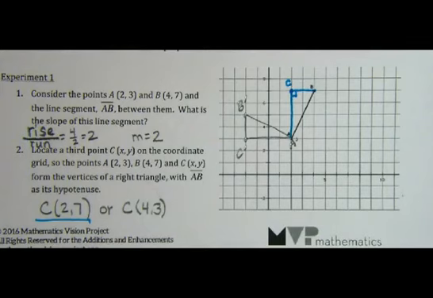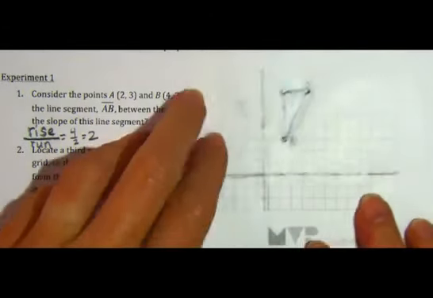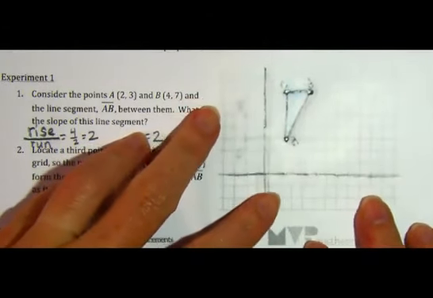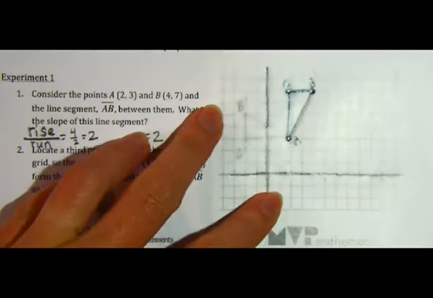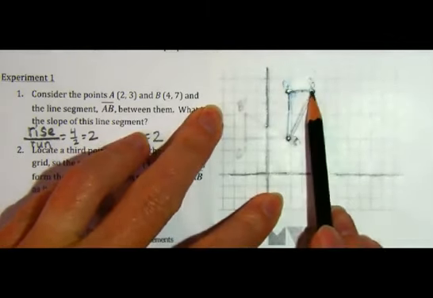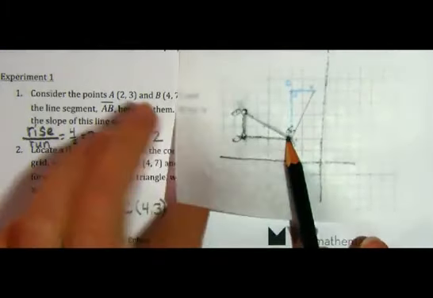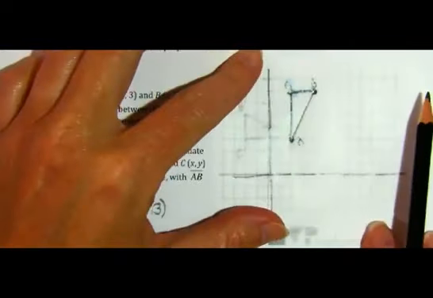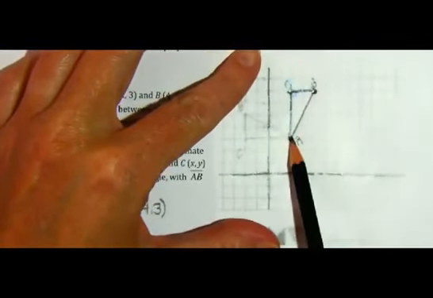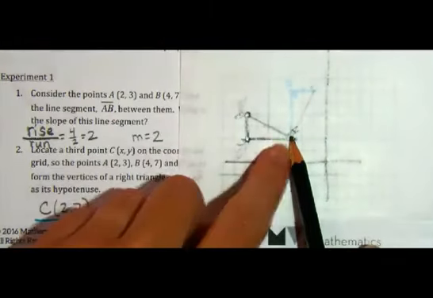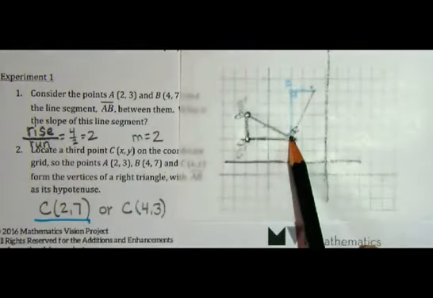We know that we rotated the triangle 90 degrees because the segments that were originally horizontal on the pre-image are now vertical on the image.